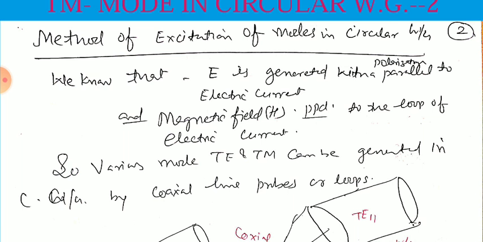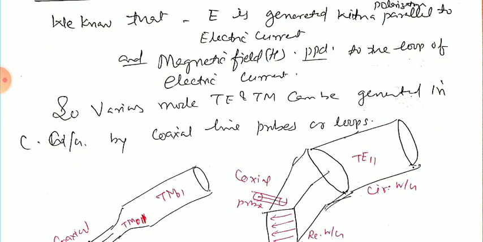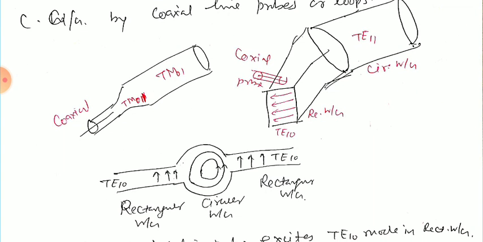So various modes like the TE and TM modes can be generated inside the circular waveguide by using coaxial line probes or loops, because single lines cannot be used to produce this. So we have to use coaxial probes everywhere. If you want to insert the signal inside the waveguide, then we have to use the coaxial probes.